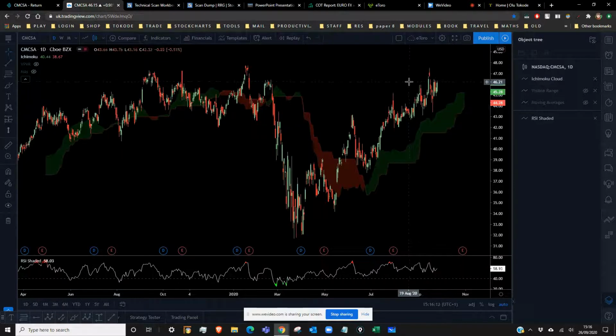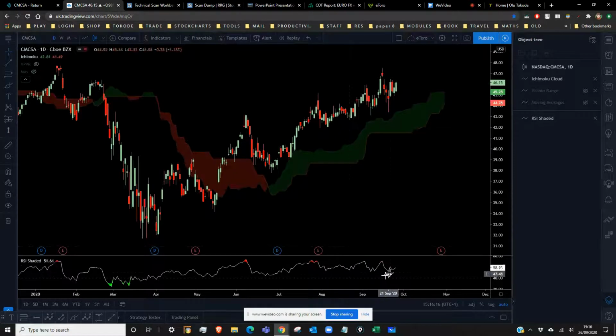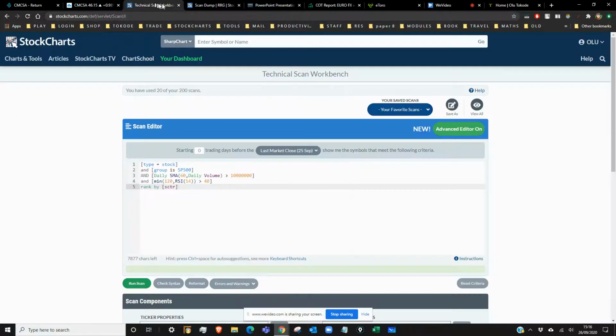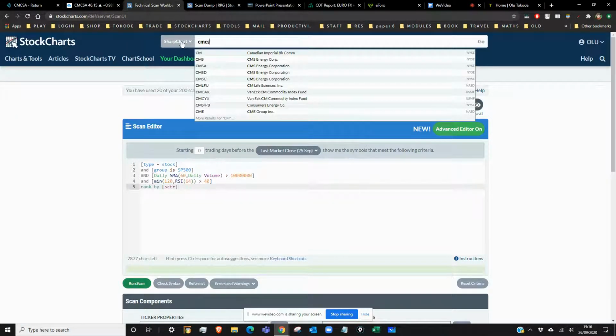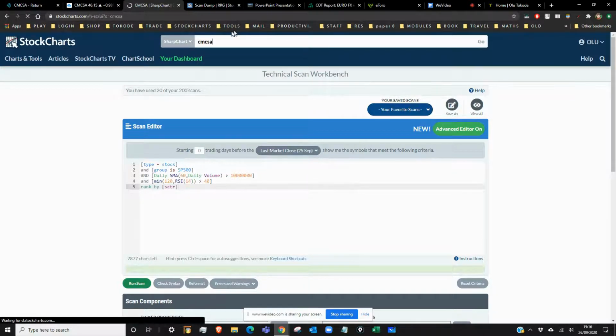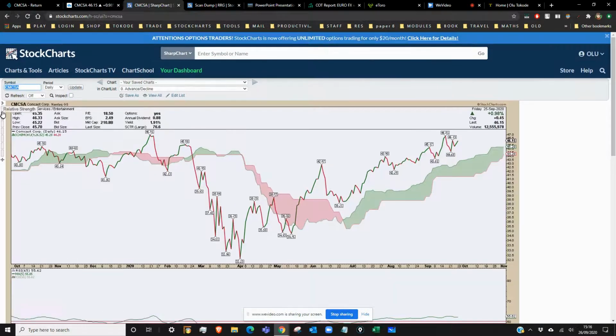But I don't want to pick a tech stock. And this stock has not had its RSI fall below 40 for over 120 days. I like Comcast. Let's check relative strength. CMCSA. Okay, what does that look like?